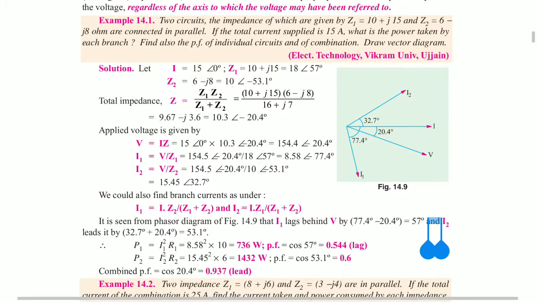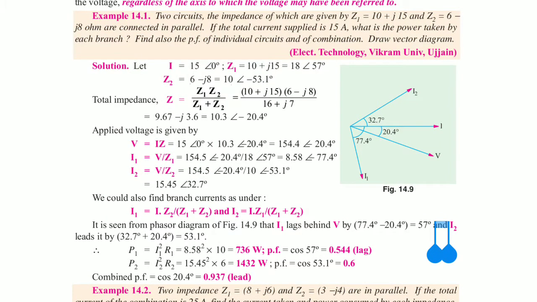They gave Z1 and Z2 and the total current supplied, which is 15 amps. From this concept we can calculate. First of all, all these are in rectangular form; convert into polar form and we get the phase angle also.